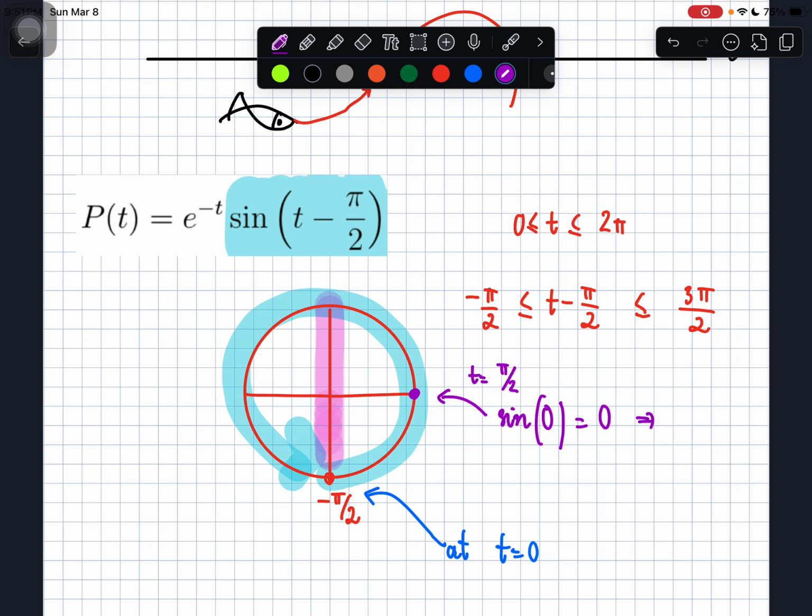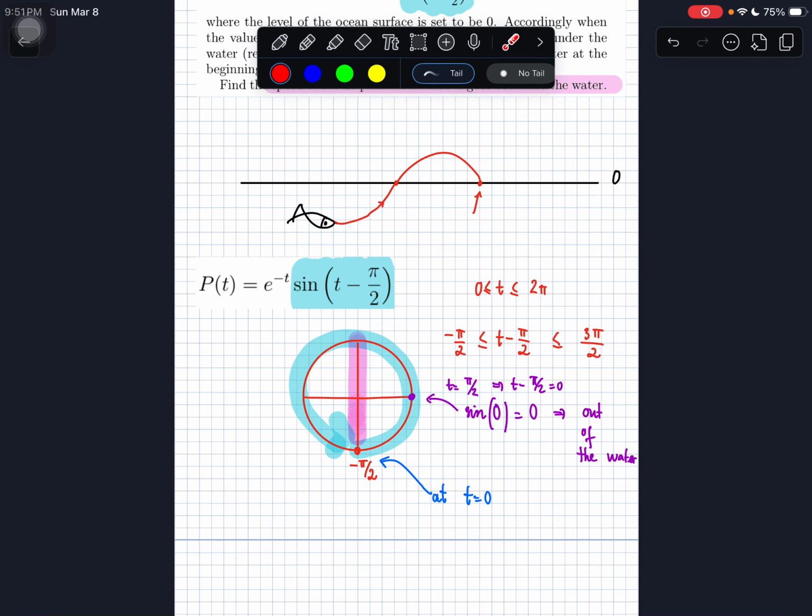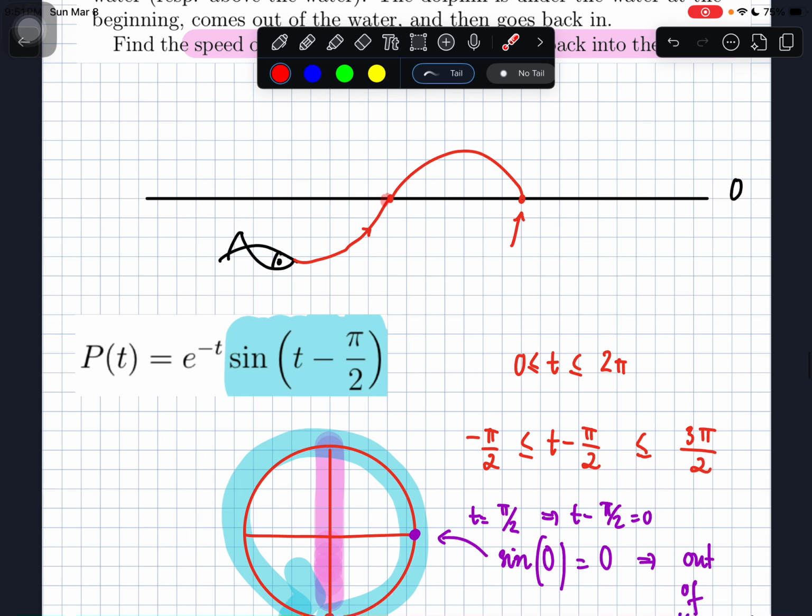The dolphin is coming out of the water for the first time. So t minus pi over 2 is 0, and then it is out of the water. I note it here: t equal to pi over 2.